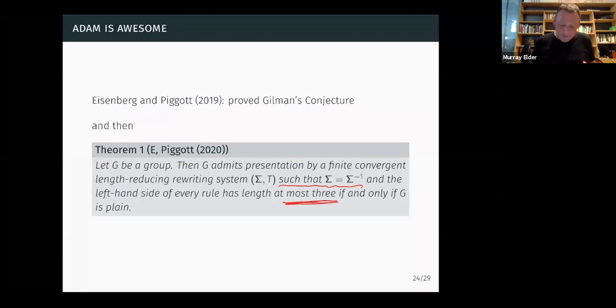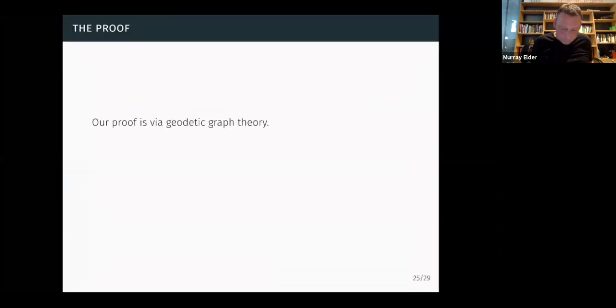And the proof, I've got a few minutes, but my goal was to give you all the definitions and some little glimpses of what's going on, and then I don't have to embarrass myself with giving too much of the proof. So is it clear? That's our theorem. Our proof is actually via geodetic graph theory.